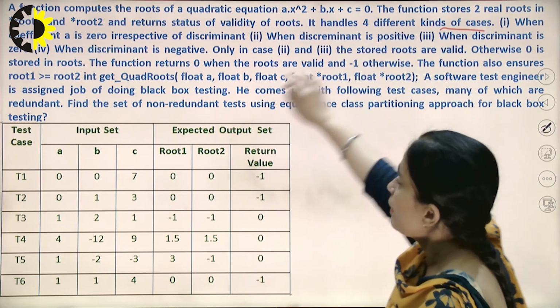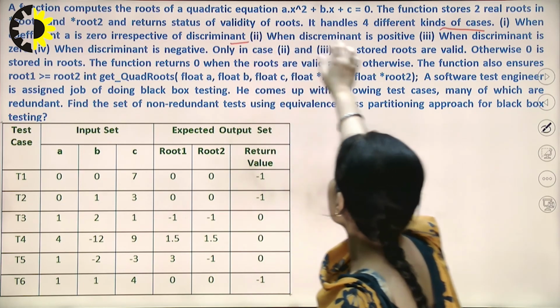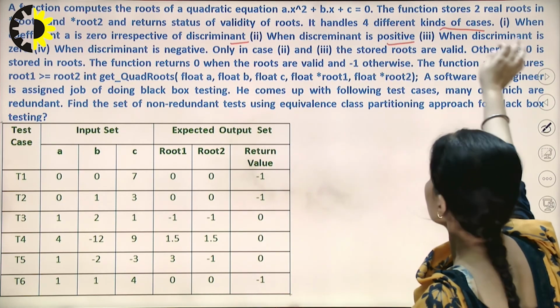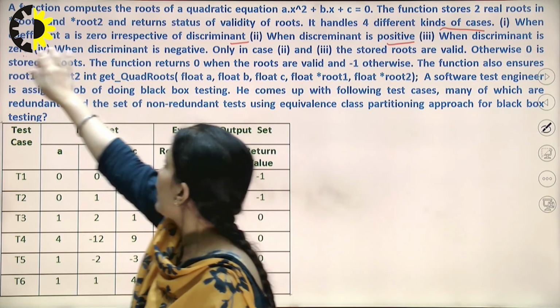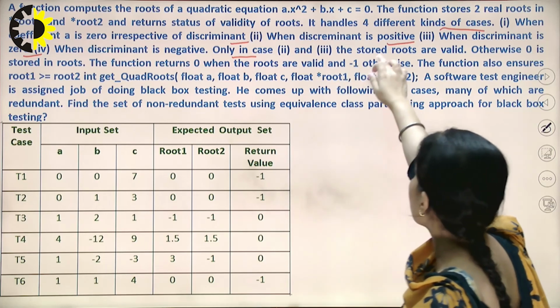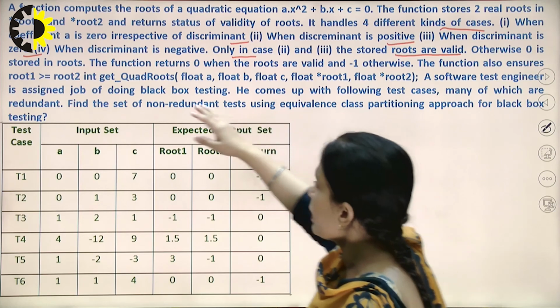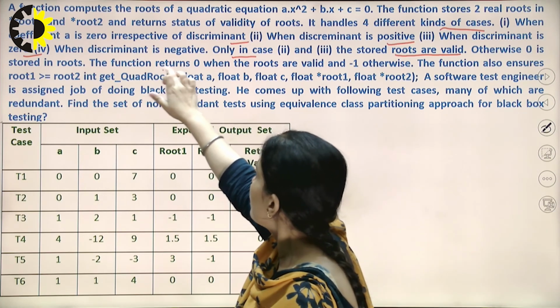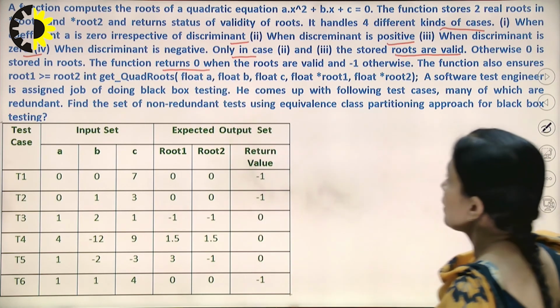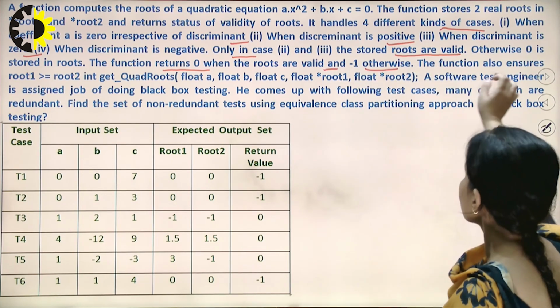First, when the coefficient is 0 irrespective of the discriminant; when the discriminant is positive; when the discriminant is 0; and when the discriminant is negative. Only in the second and third cases are the roots valid; otherwise they are 0 and stored in the roots. The function returns 0 when the roots are valid, and returns -1 otherwise.